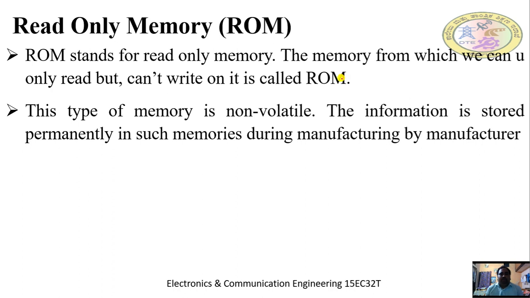Even if the power abruptly goes off, or the user switches off the power, whatever information is stored in the ROM will not get erased. That's why they are referred to as non-volatile memories. Whereas RAM is a kind of volatile memory, where the retention of information depends upon the power supply.